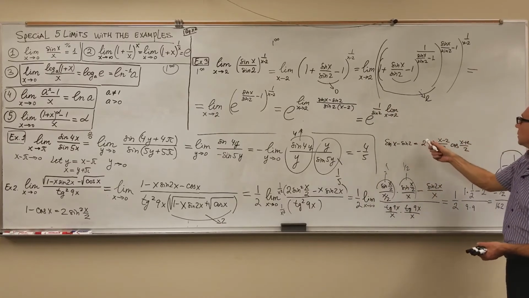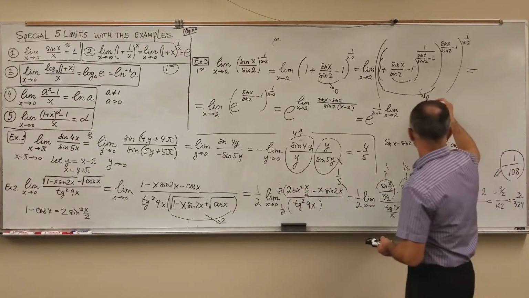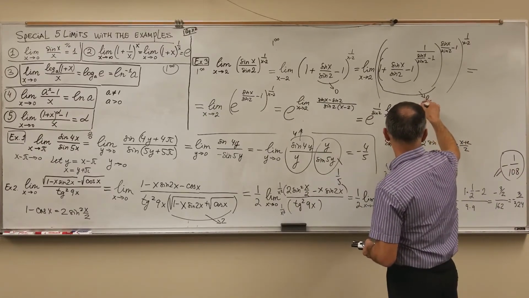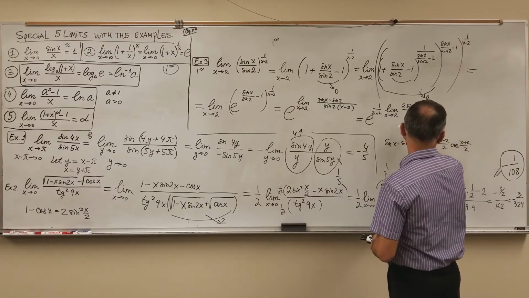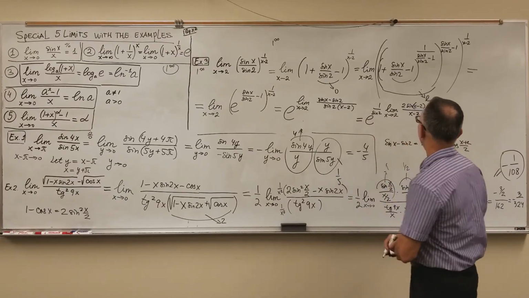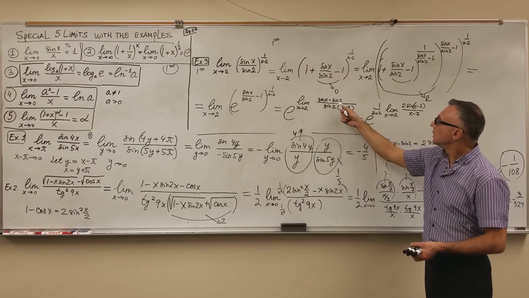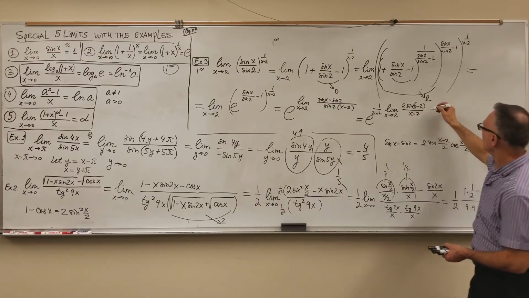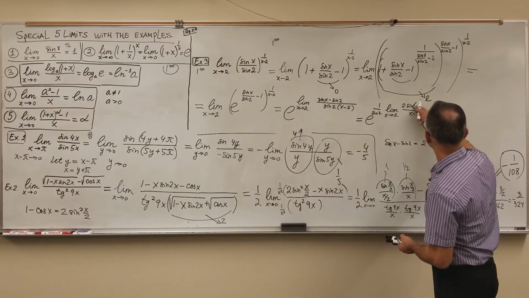And then 2 sine of (x minus 2) over 2, over x minus 2.